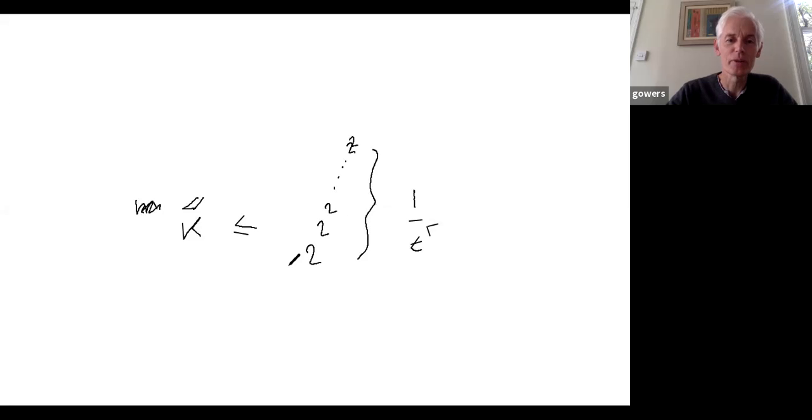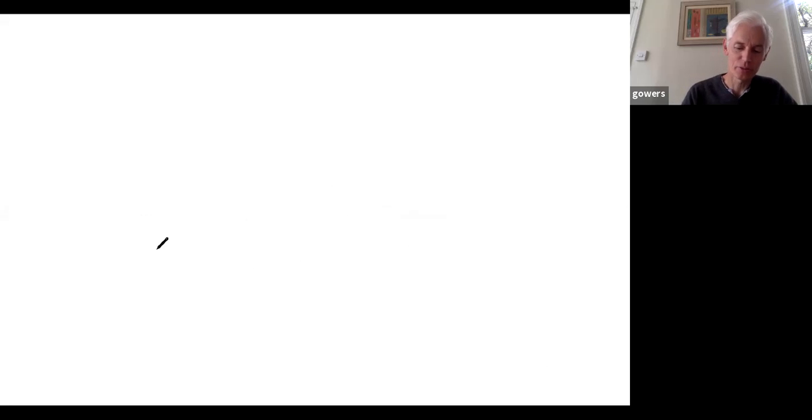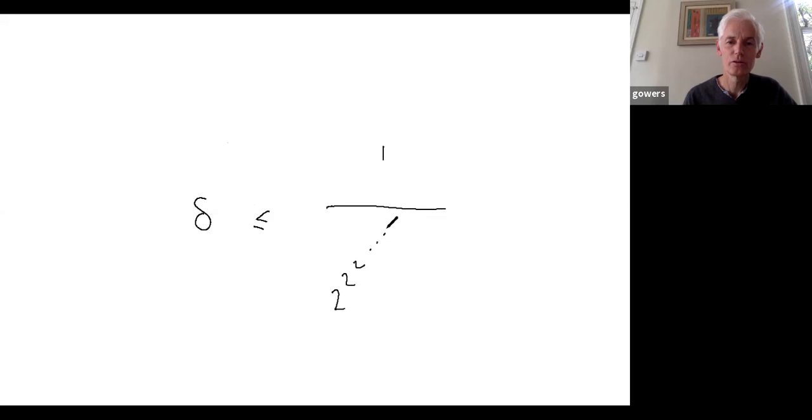So we get this ridiculous dependence, and so what that translates into for the triangle removal lemma is, if you want to know how small delta needs to be, I'll give you what's known, which is a bit better than comes out of the regularity lemma. You're all right as long as delta is less than or equal to 1 over a tower of 2s, but this time the height is only log 1 over epsilon.